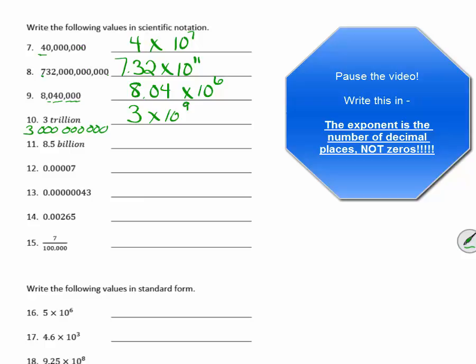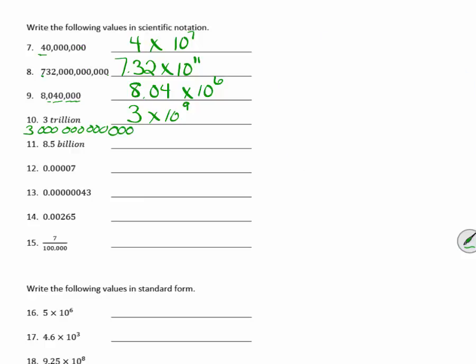So it's not the number of zeros, it's the number of, actually that's billion, not trillion. That's trillion. So let's fix that one. That means this is going to be to the 12th power. 8.5 billion, which means you have 8.5. So that's going to be 8.5 times 10 to the 9th.